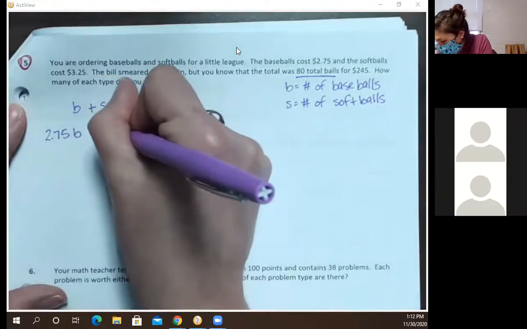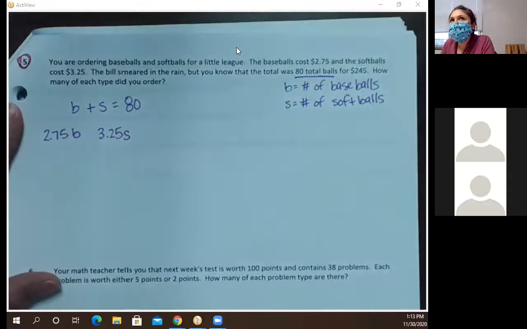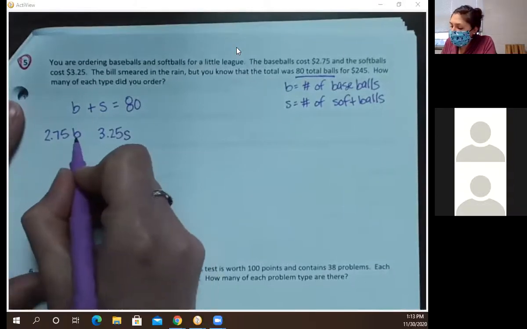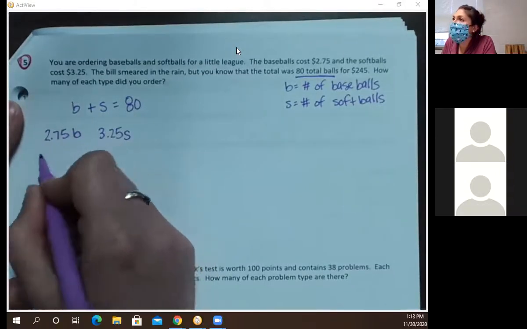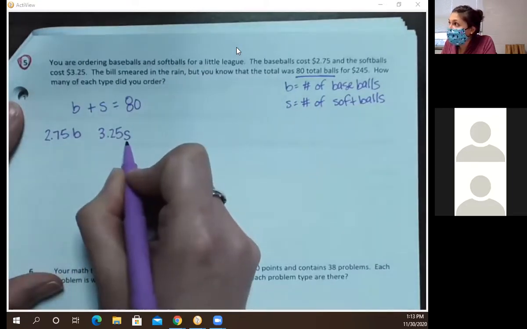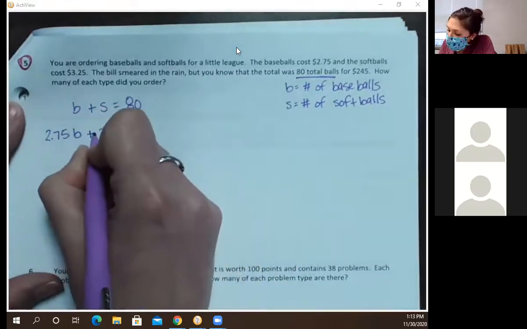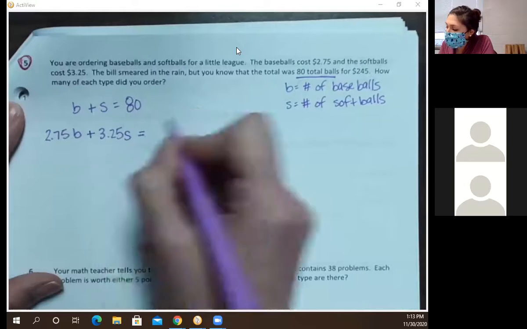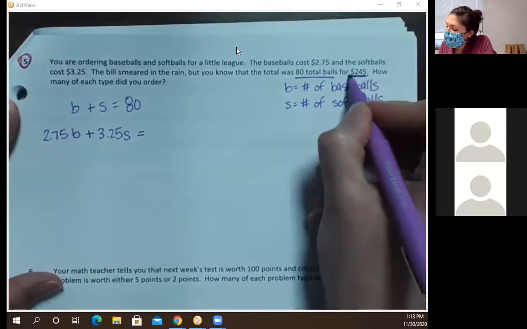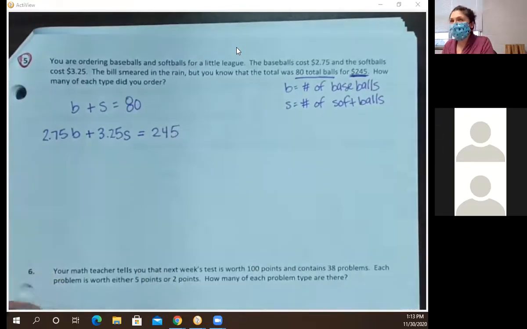So 3.25 times S. So 2.75 times B gives me the total cost of all the baseballs. 3.25 times S gives me the total cost for all my softballs. If I add those amounts together, I get my bill, how much I spent on all of these things, which we know is $245. So there's my system of equations.